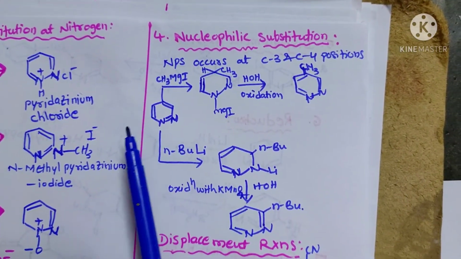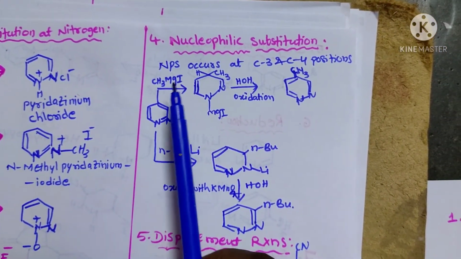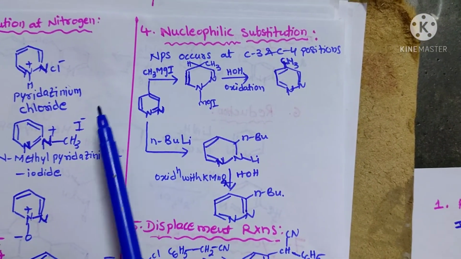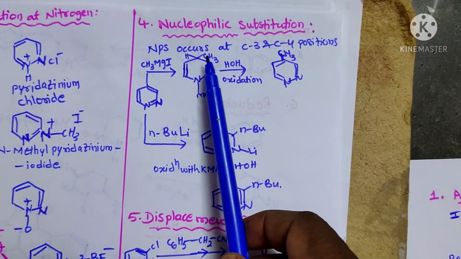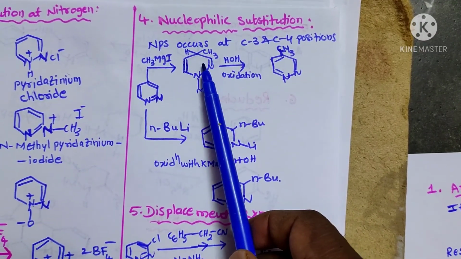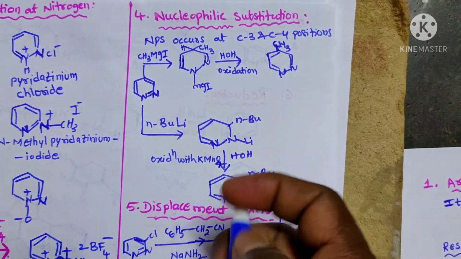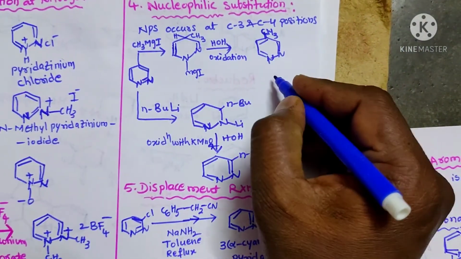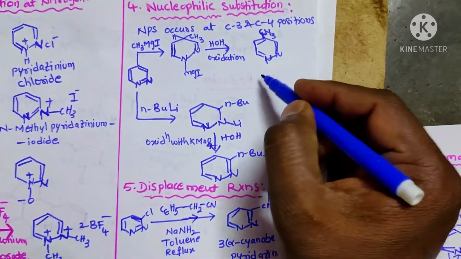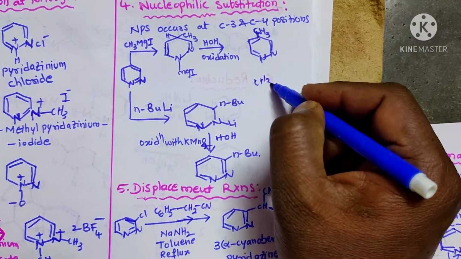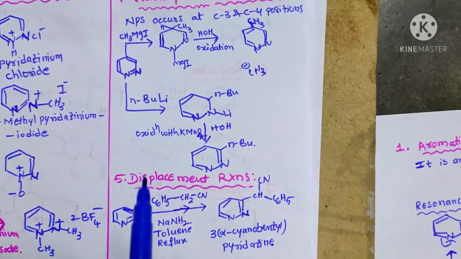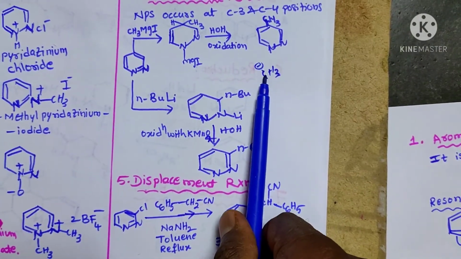When this pyridazine is treated with the methyl magnesium iodide, here methyl group will be substituted on the fourth position. Look here, in a Grignard reagent, methyl alkyl group is a nucleophile, CH3 minus.